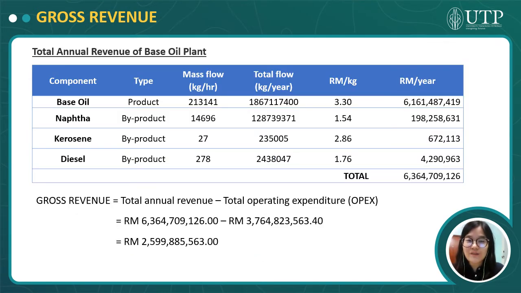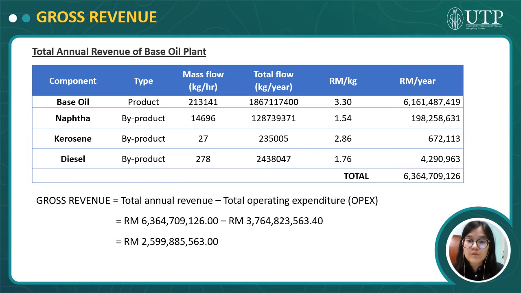Next, I'm going to talk about the gross revenue of our plant. There are a few major components or products that will be produced by our plant. The base oil is one of the primary components for our production, and the revenue of the base oil in our plant is about 6 billion ringgit per year.